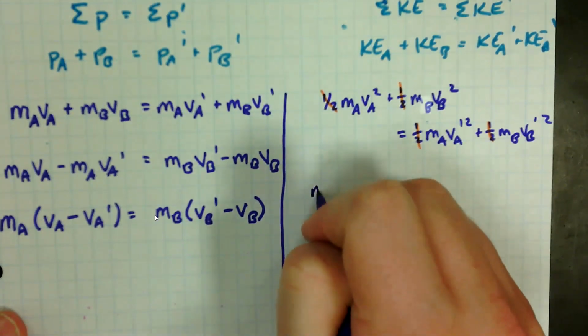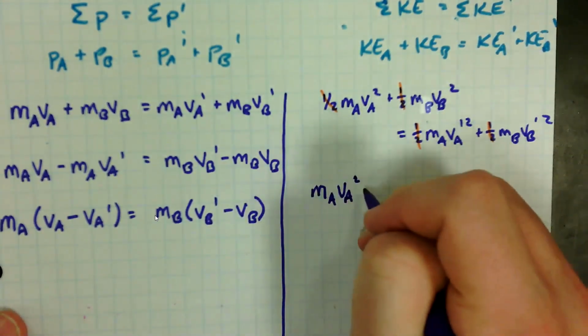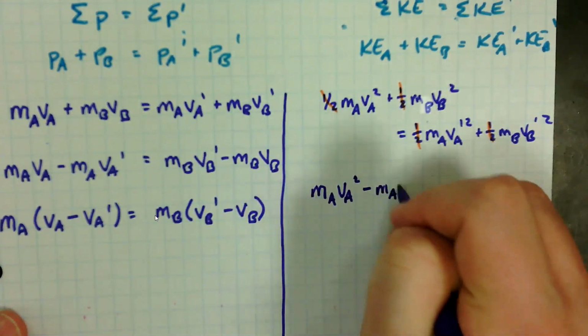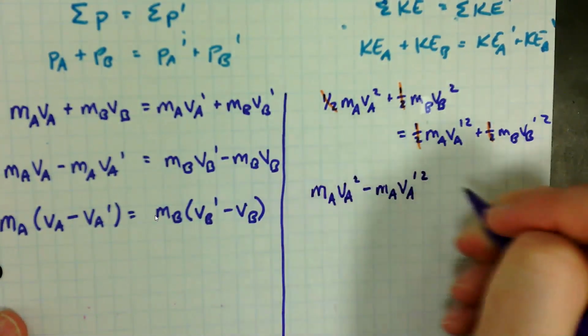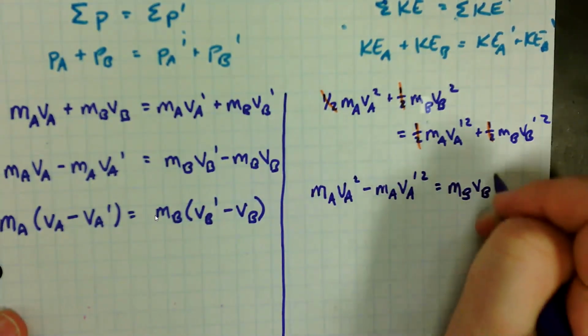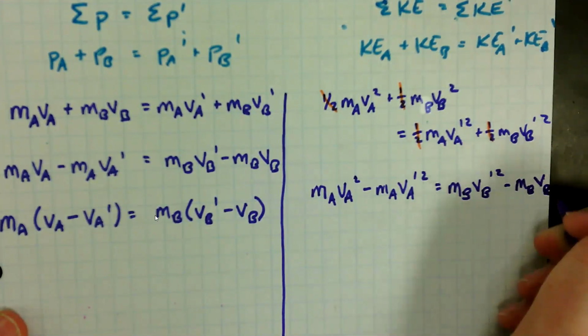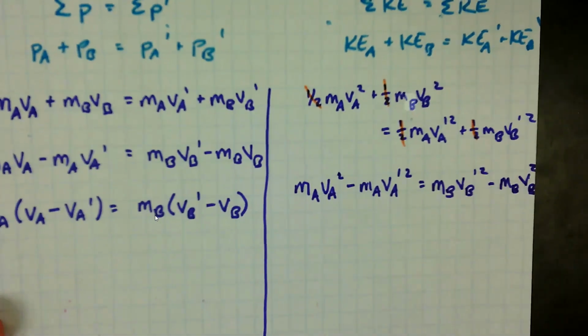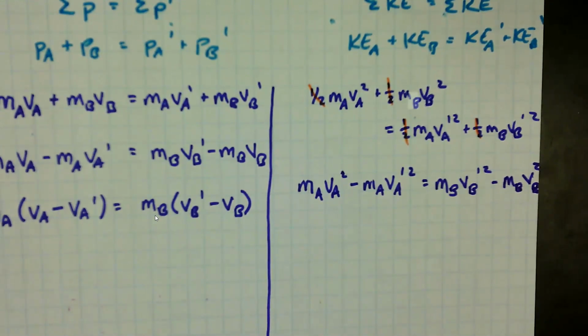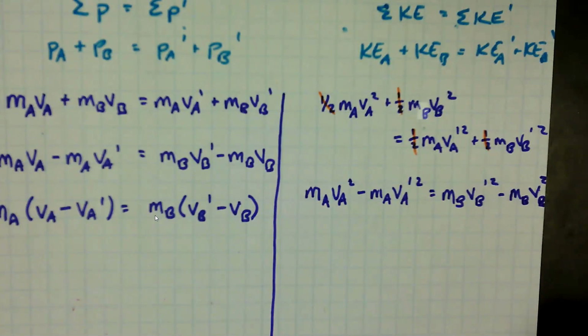So I'm going to have MAVA squared minus MAVA prime squared equals MBVB prime squared minus MBVB squared. Again, I just subtracted this one over here and that one over there.